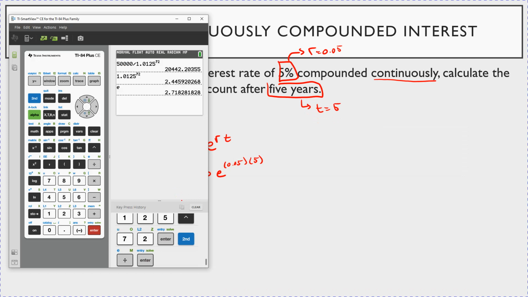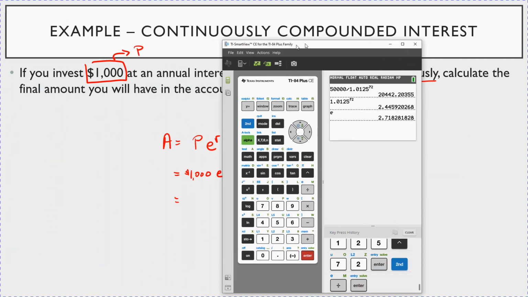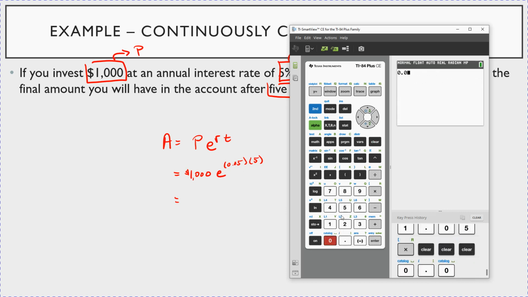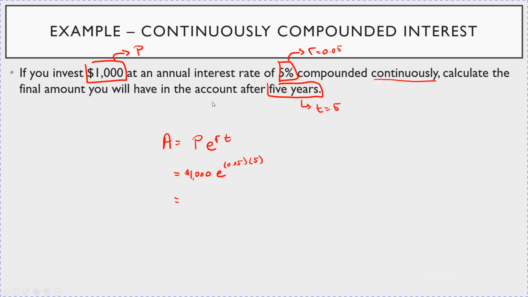Oh, I wrote r as a decimal here. Let's see what we get. So here's how you're going to have to do this. If it helps you to do this ahead of time, 0.05 times 5, so you can get that part out of the way, that's 0.25. Maybe that makes it a little bit easier.